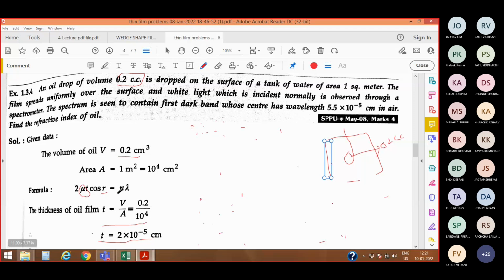Find the value of refractive index μ. So μ is equal to n λ divided by 2 into cos of r. So this is your final equation. Now solve this problem.